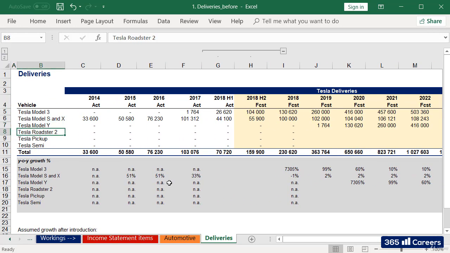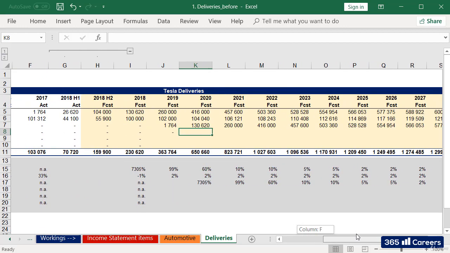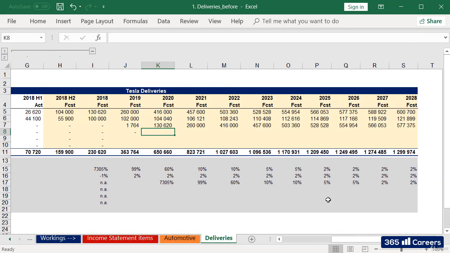Production of the Tesla Roadster 2 will begin in 2020. This is a car Tesla has produced in the past. Furthermore, plenty of people have already pre-ordered the second one, so it wouldn't be too optimistic to assume Tesla will be able to deliver 500 vehicles in 2020. We are not going to apply the growth rate used for Model Y and Model 3, given that this is a fancy sports car that is very expensive.